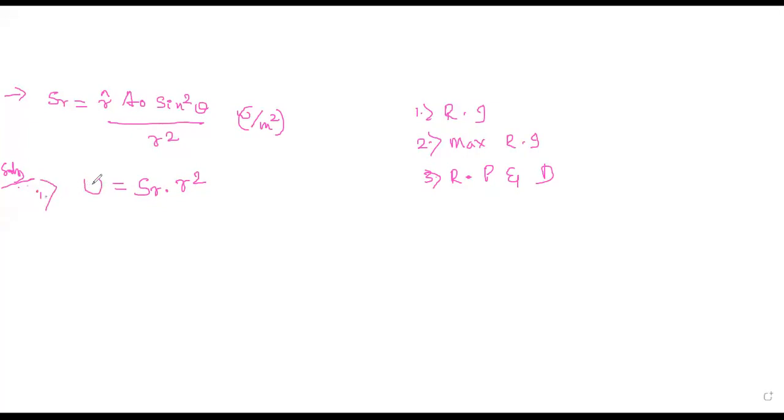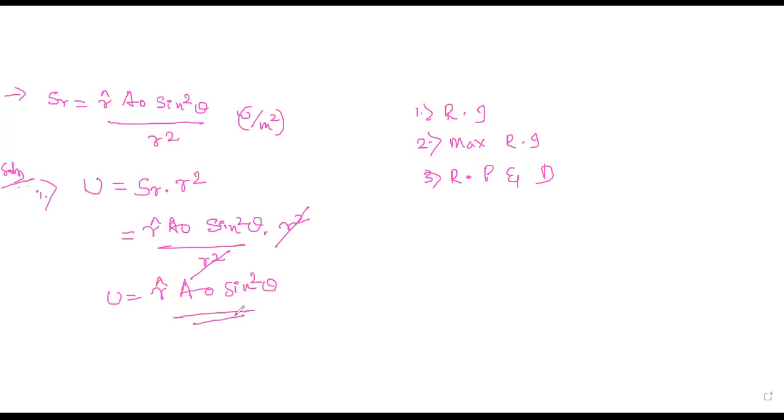To find that, first write the equation of U in terms of SR. That is U is equal to SR into R square. Now substitute it. SR is nothing but R cap A naught sine square theta divided by R square, into R square. So your R square gets cancelled. So you'll get the radiation intensity U as R cap A naught sine square theta. So this is the first part solved, radiation intensity.